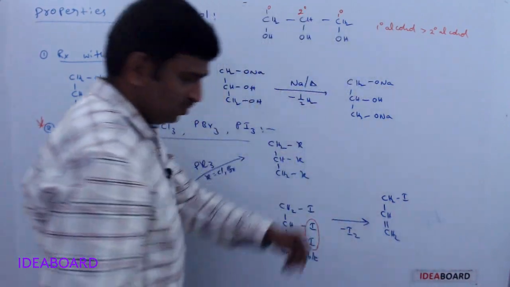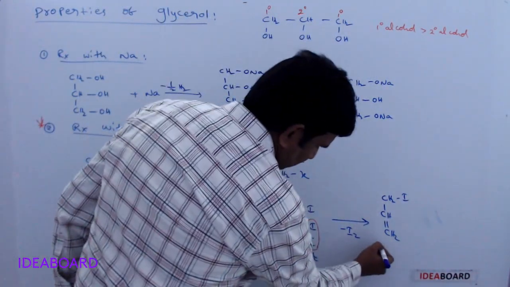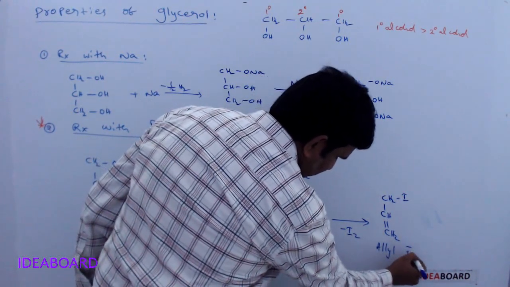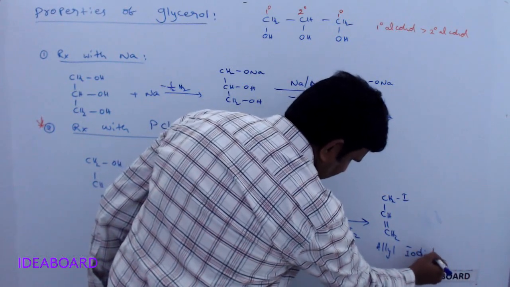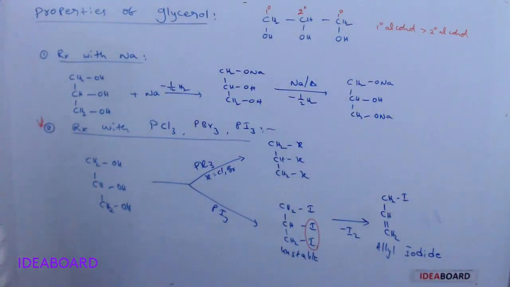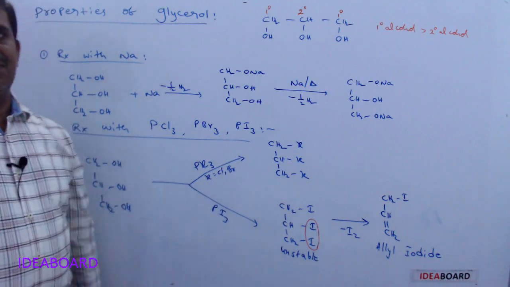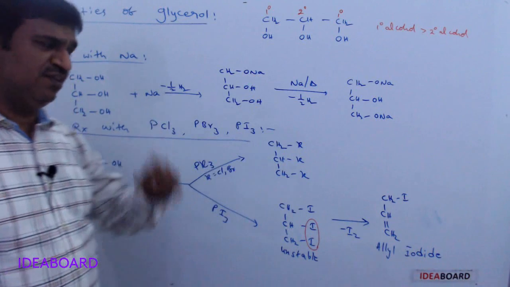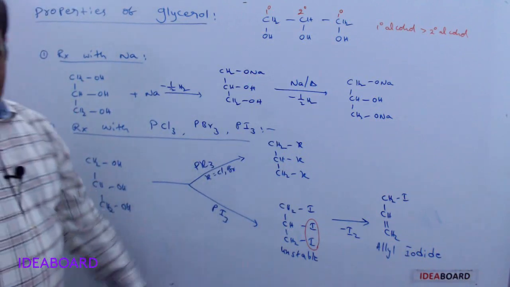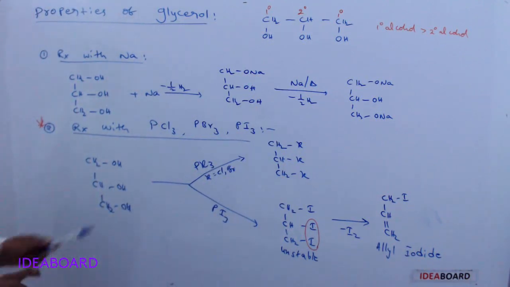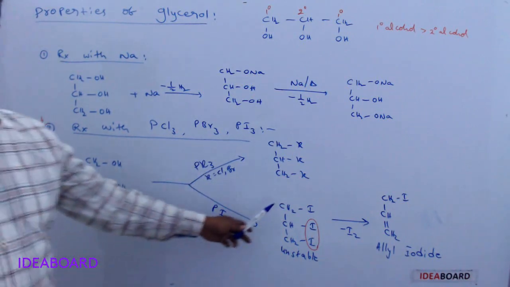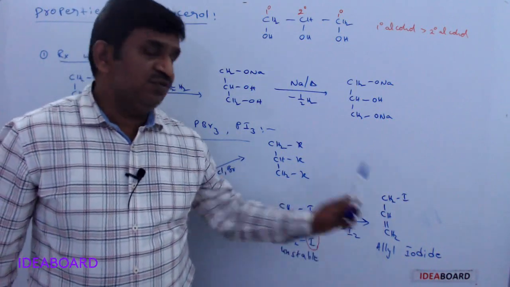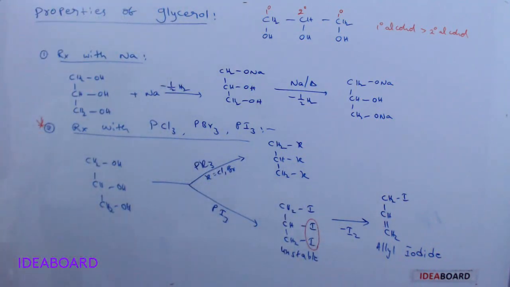The compound formed here is known as allyl iodide. Allyl iodide is the product, not triiodopropane. But if it is chlorine or bromine, we will get trichloro or tribromopropane. So this reaction is also important. On reaction with PI3, first it forms triiodopropane, but on further removal of iodine, it gives allyl iodide.